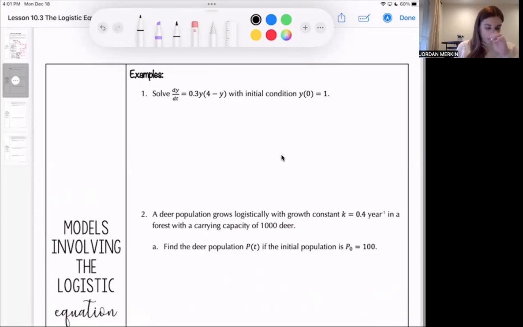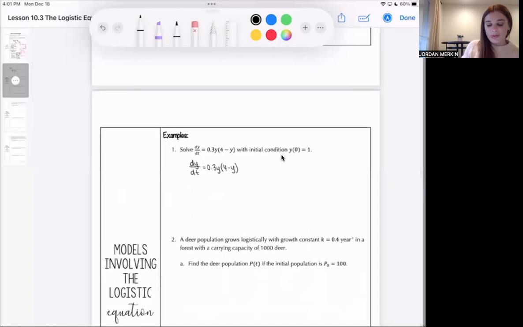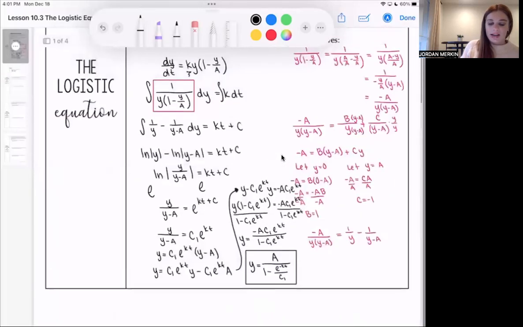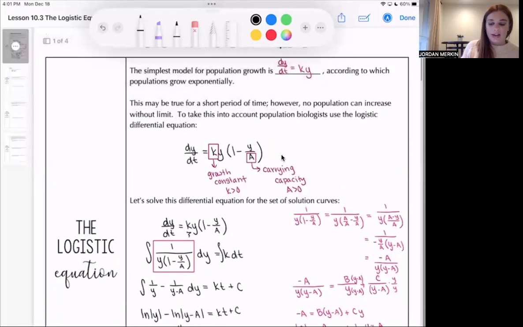Okay, so we have dy dt is equal to 0.3 y times 4 minus y. And they did give us an initial condition, but we're not going to use that quite yet. Okay, so this actually almost looks like what we were using prior, right?